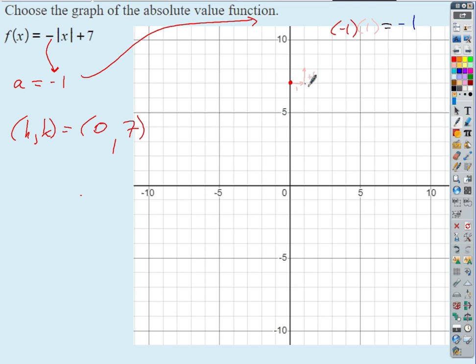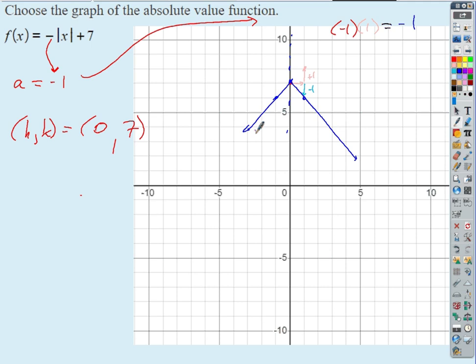So now instead of going up by 1, my normal parent graph point would be there. When I go over by 1, I'm going to go down. I'm going to go up by -1, which is just down by 1, isn't it? And so there's my point. And then if I reflect this thing over my axis of symmetry, it's just a downward opening V.